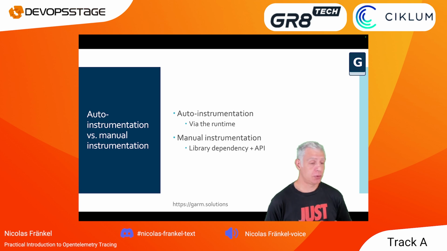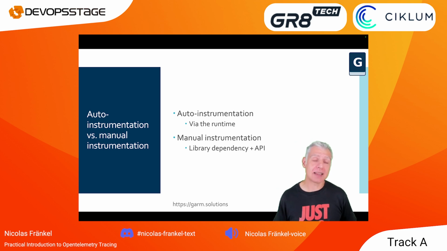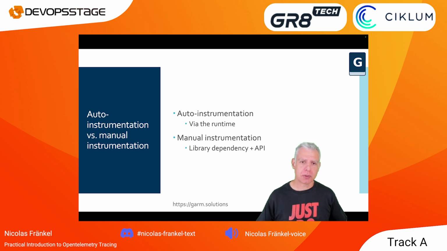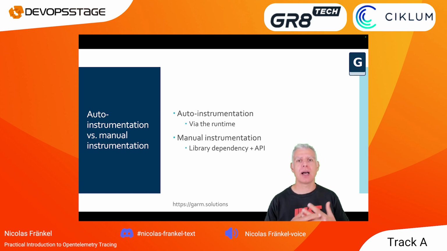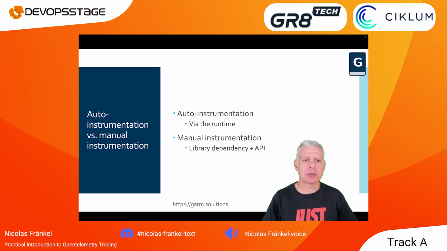Another way is if you don't have a runtime, or the default auto-instrumentation is not good enough for you, you want more detail, you want to tweak some stuff. Then at this point, you need to have a dependency, a library, and then have the developers actually create the spans and make the calls explicitly.